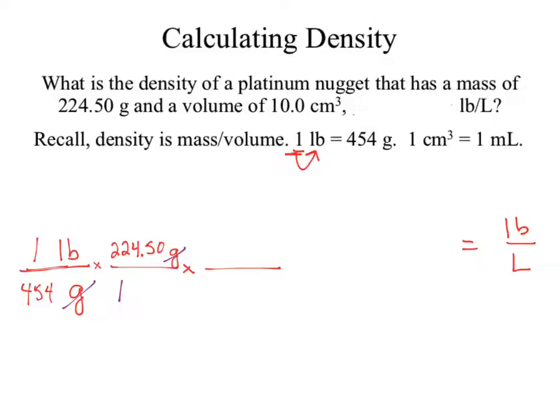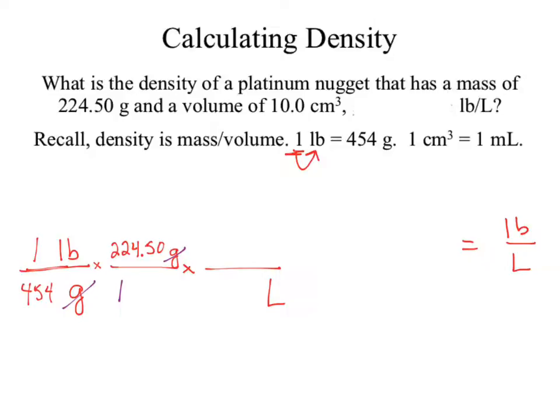How to convert liters into a variety of other units, one of them potentially being milliliters. Where do I want that liter conversion to show up? Where does that unit need to be? Why does it need to show up in the denominator? We look at the answer. Where does the answer have liters? In the denominator. That's why liters shows up there.